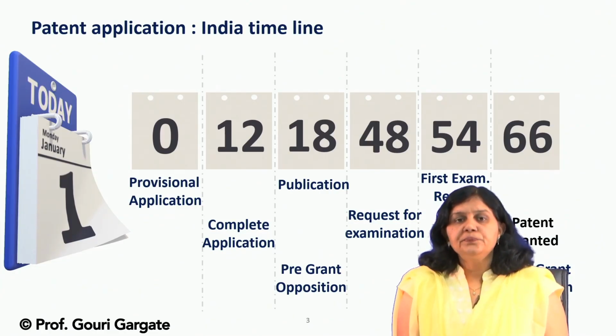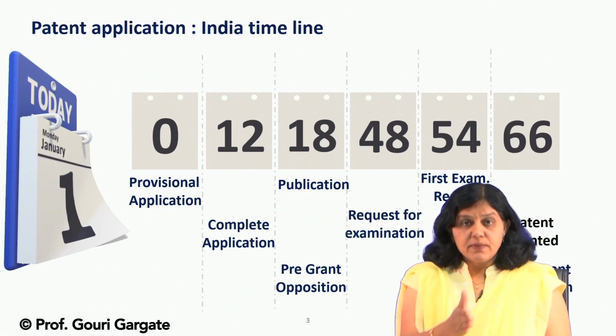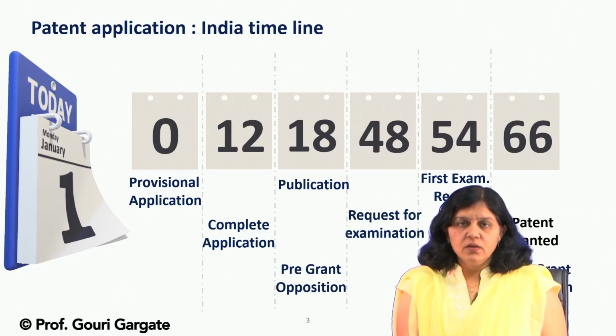As an example, if the applicant has filed the request for examination at the end of 12 months, as per the timeline here, the probability of getting FER may be 54, maybe 66, depending on the workload.